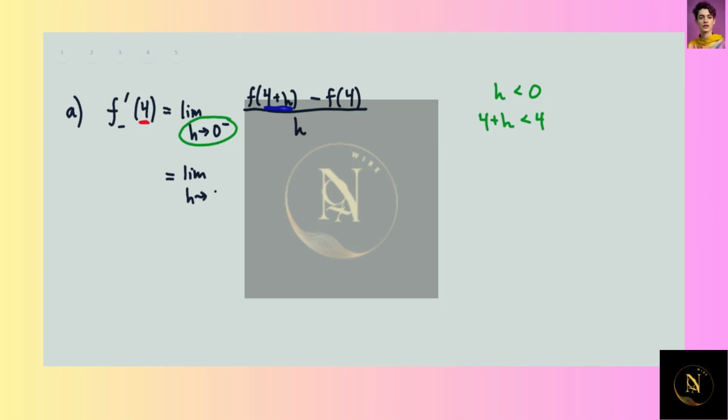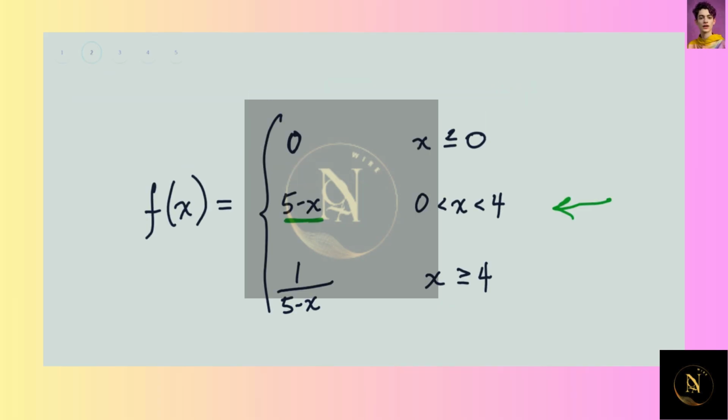So this part's still the same. We just said f of 4 plus h is really 5 minus the input, and the input is 4 plus h. Now we have to be careful again. To figure out what f of 4 is, once again, let's look back at the function.